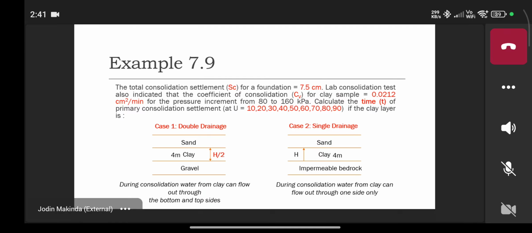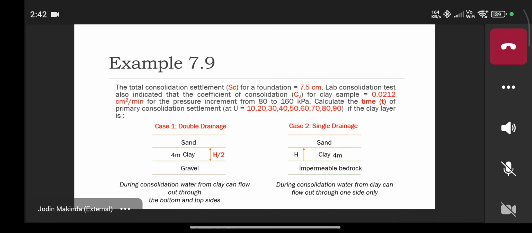If the clay layer is double drainage, and if the clay layer is single drainage, look into these two cases. Double drainage and single drainage. What is the difference? Double drainage means that the clay layer is located between two permeable soil.